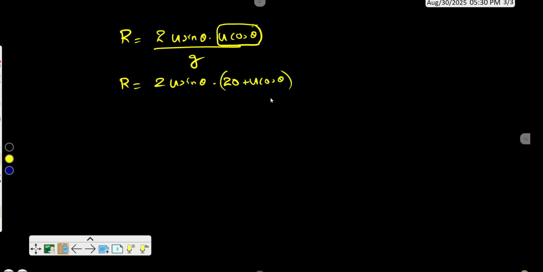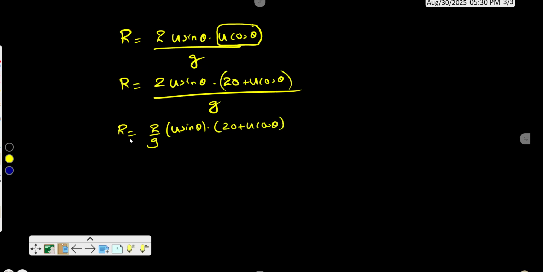Why is this horizontal velocity 20 plus u cos theta? Because we have to add the car's horizontal velocity also, upon g. Right? Now R is equals to 2 by g into u sine theta into 20 plus u cos theta. This is what is left.